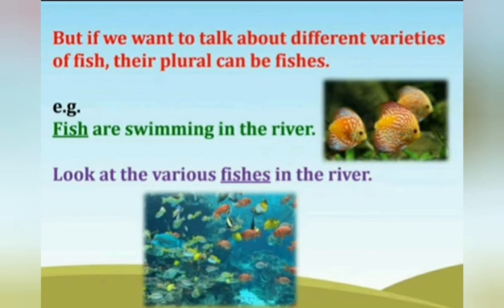Here we have various types of fishes in the river. So we use fishes here, not fish. For the plural of various types of fish, we use fishes. And if we are talking about the same type of fish, then we use fish. And if we are talking about different types of fishes, then we use fishes.